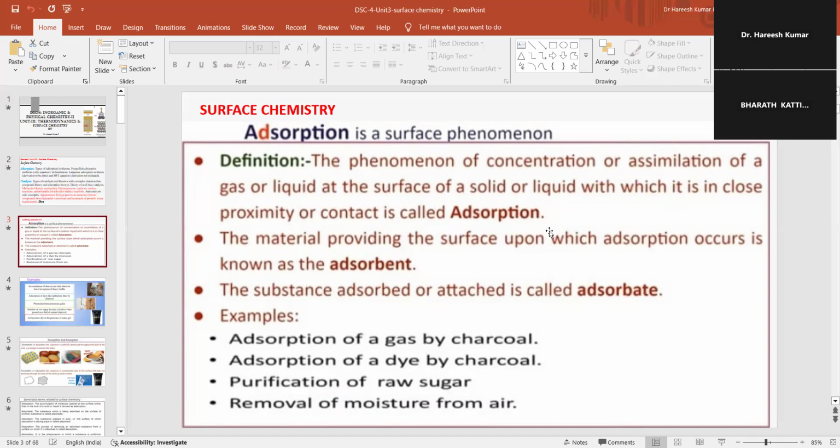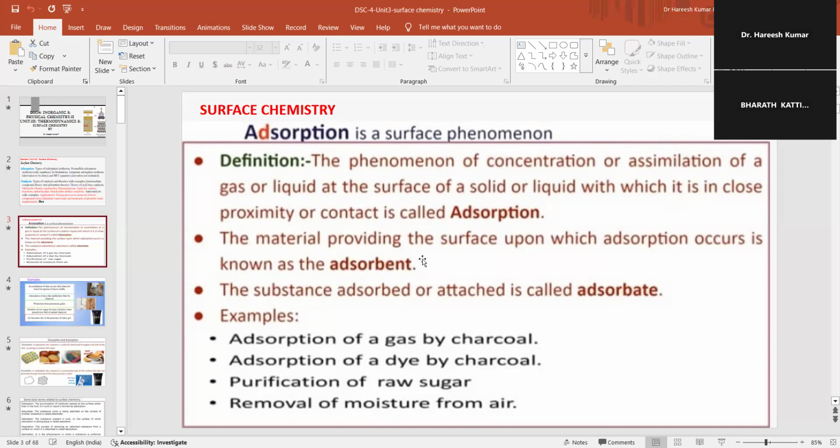That means adsorption is a surface phenomenon. So that means there is a reaction of the surface of the one substance with the compound of the substrate. Here you need to remember what is substrate, what is adsorbate, what is adsorbent.